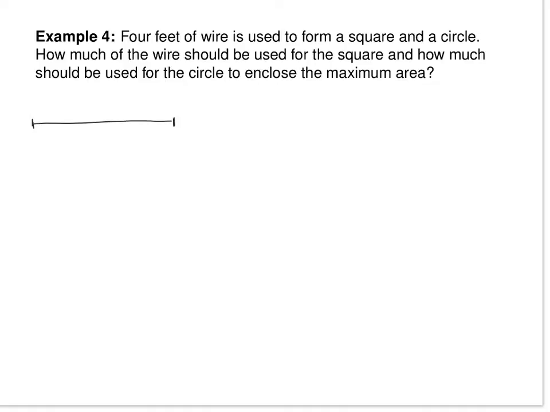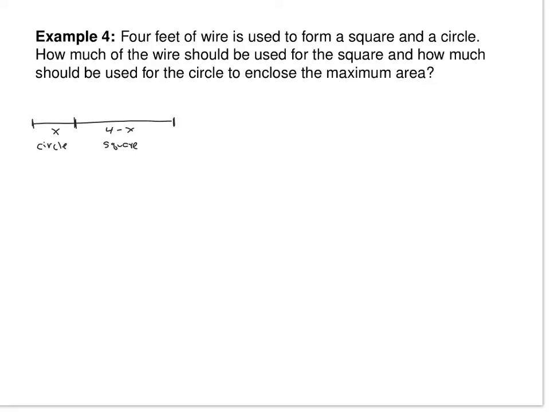So I'm going to call this x, and this part is going to be 4 minus x. And that's my cut point. And this first part I'm going to make into the circle, and the second part I'm going to make into a square. It wouldn't matter, but it will be easier to let x be the circle. That's just because I have some experience with this problem, but you can let it go either way.